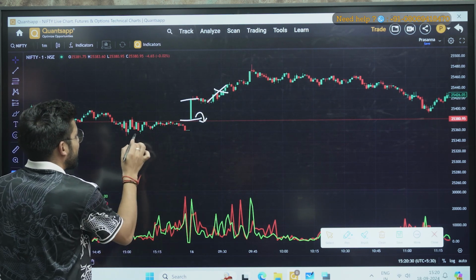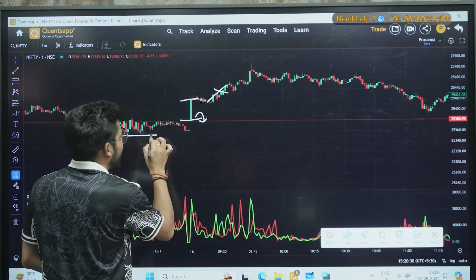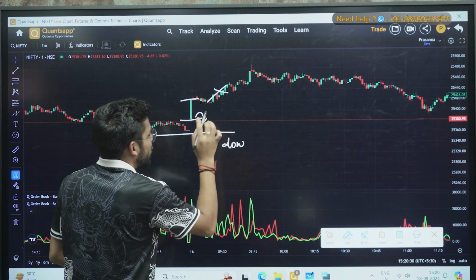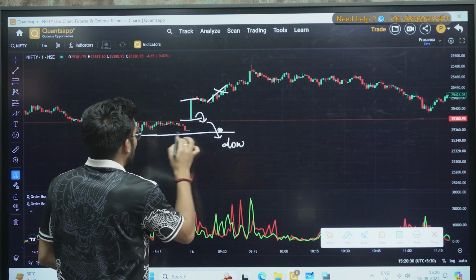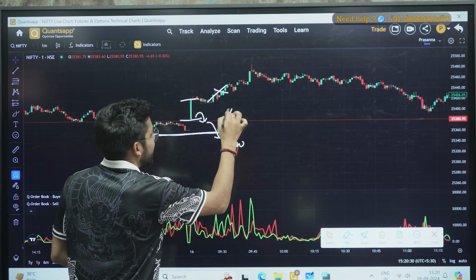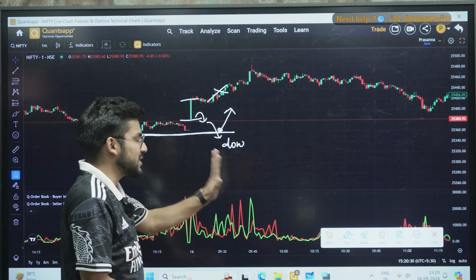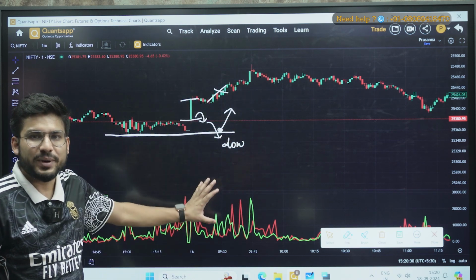Then you have to wait for the low of the previous day. If your market breaks its low, then it will go in the downward direction, or otherwise you will go for buying at the low. At this point, you will go for buying here. You will go for scalping here. So this was the first scenario about the gap up and gap down open and how you can analyze the trend.